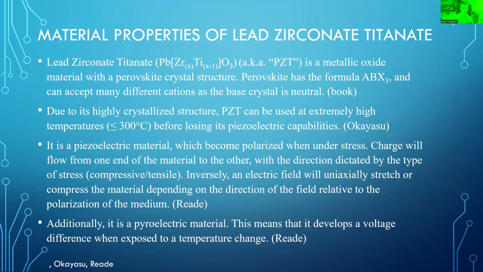Due to its highly crystallized structure, PZT can be used at extremely high temperatures. Its Curie point is around 350, so it can be used at high temperatures before it loses its magnetic properties and its piezoelectric capabilities.